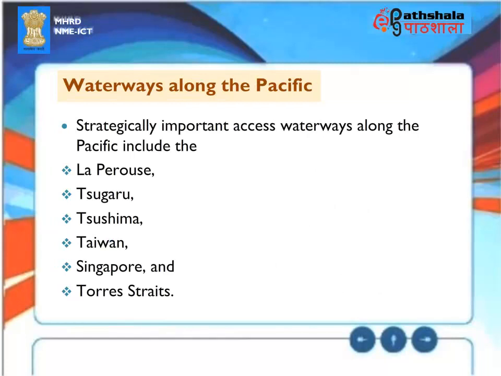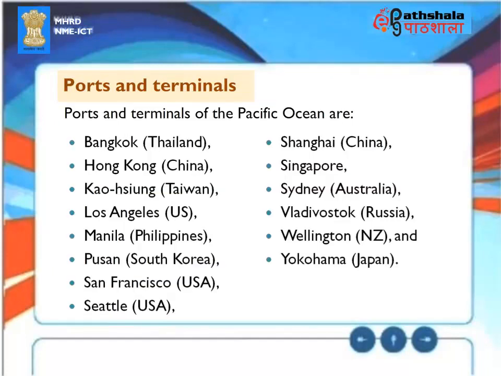Waterways along the Pacific. Strategically important access waterways along the Pacific include the La Perouse, Tsugaru, Tsushima, Taiwan, Singapore, and Torres Straits. Ports and terminals.